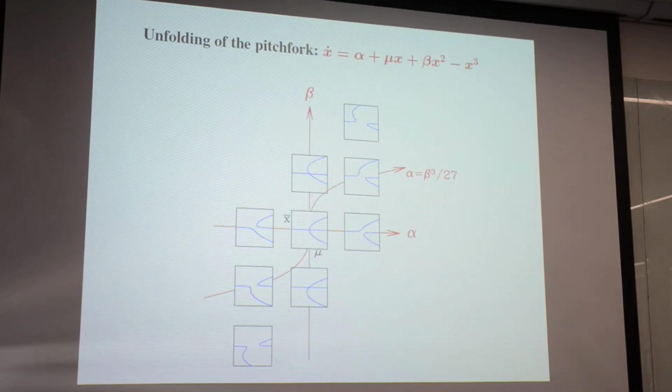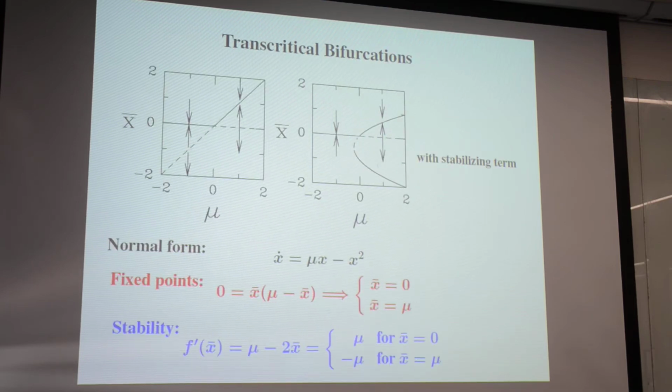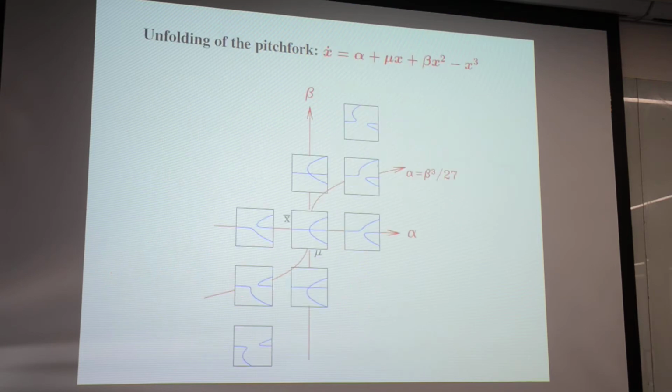So now we can summarize. This is everything about all the steady bifurcations that exist in 1D, and it's pretty much all steady local bifurcations. And we can organize them all in what's called the unfolding of the pitchfork. Everything we've talked about has been small polynomials, and we've gone up to cubic order.